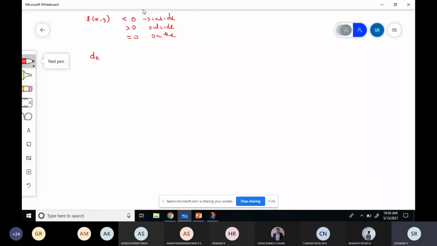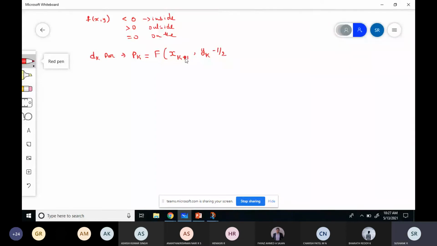The decision parameter is a midpoint function, which we will call pk, equal to the function of x at k plus 1 and y at k minus half.